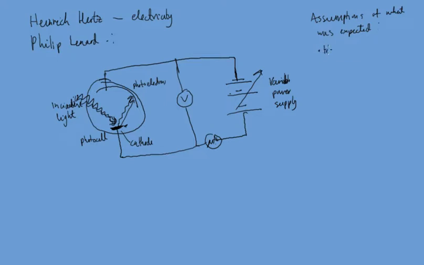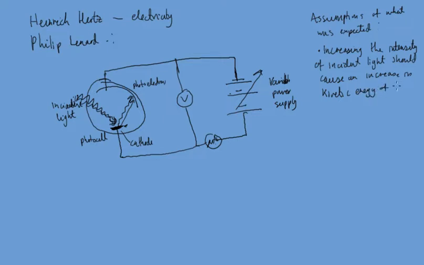Firstly, they expected to see that increasing the intensity of incident light should cause an increase in kinetic energy of the electrons, and so they are emitted with greater average velocity.